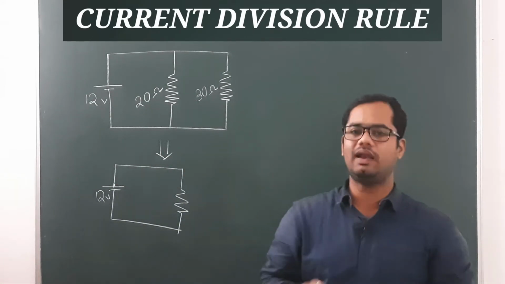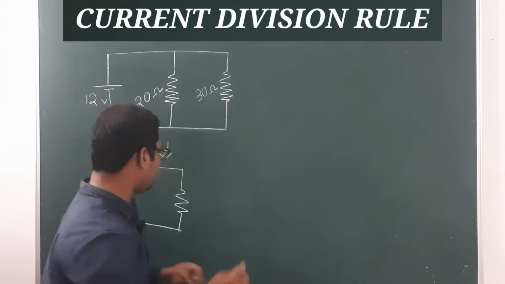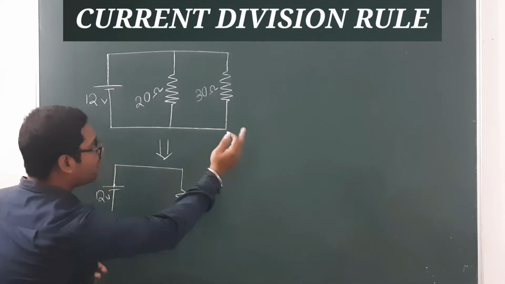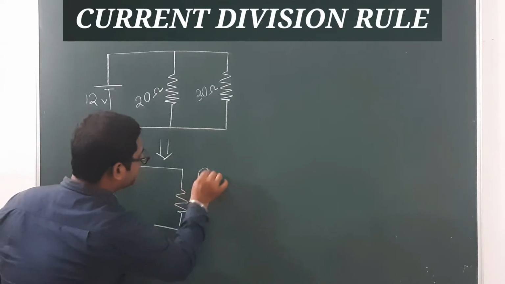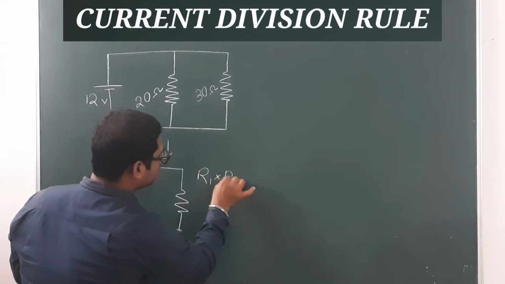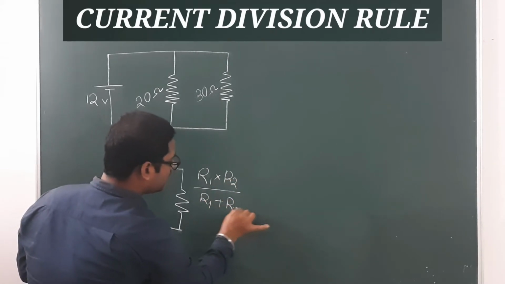The formula for parallel resistance is R1 into R2 divided by R1 plus R2.